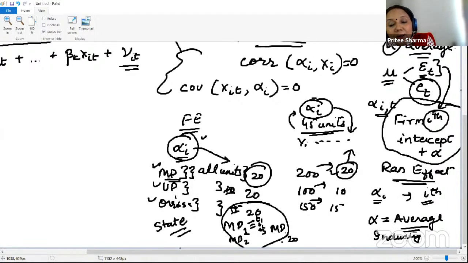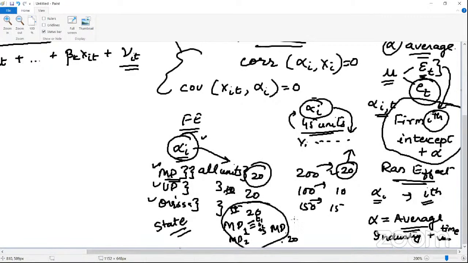Plus the time variant component. Here we are not going to have the time variant component; here we are including that time variant component. Is that clear? What do we want to do? Yes, ma'am, it's clear.